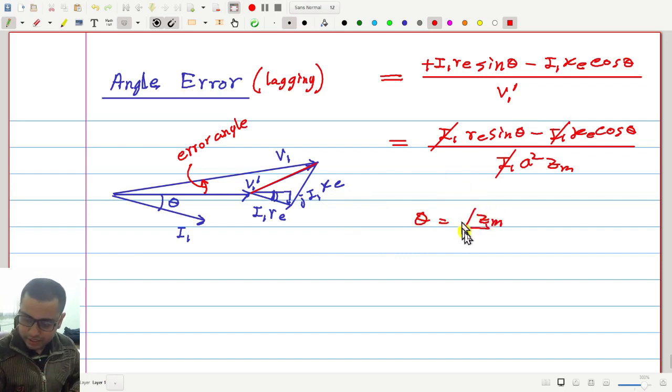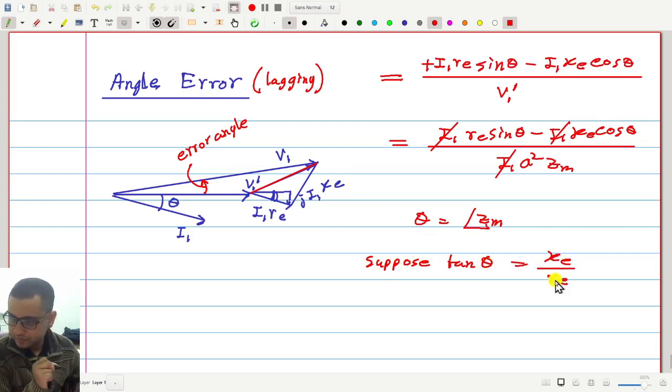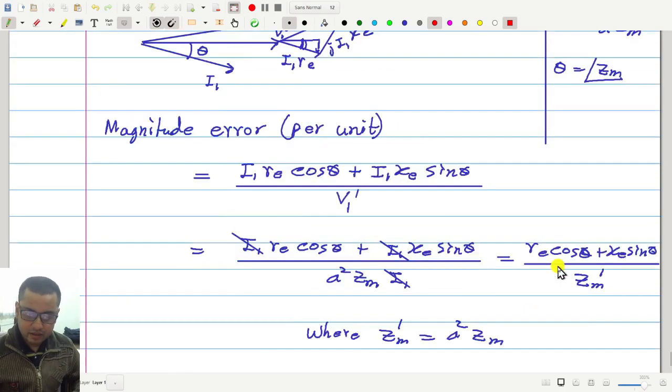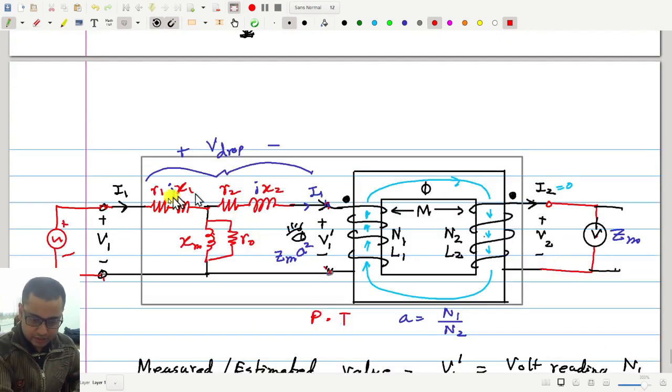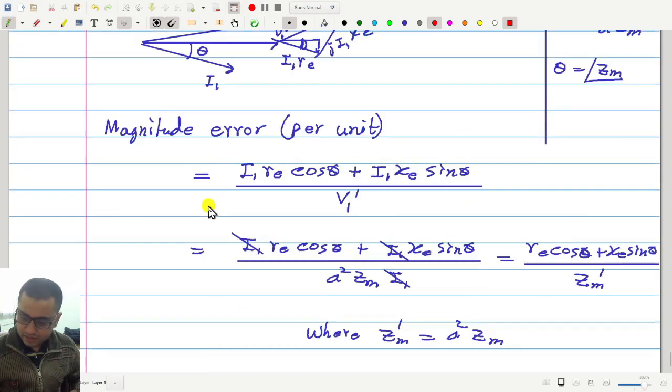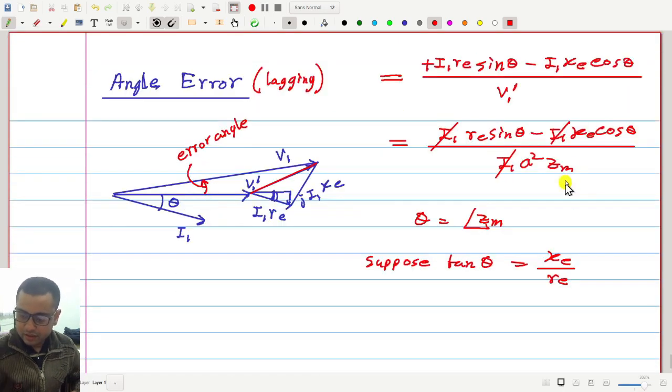Suppose tan theta is equal to Xc by Re. If tan theta is Xc by Re, same as the power factor angle of this impedance, then will this quantity come out to be 0?